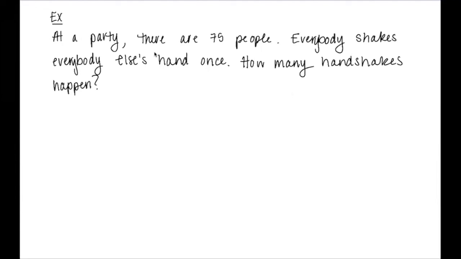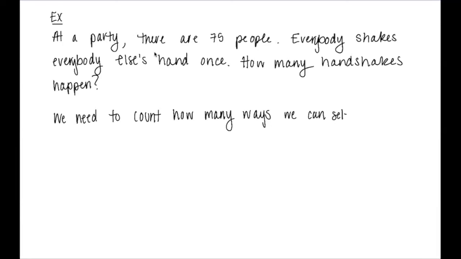So we need to count how many ways we can select 2 people from the 75, where order doesn't matter.